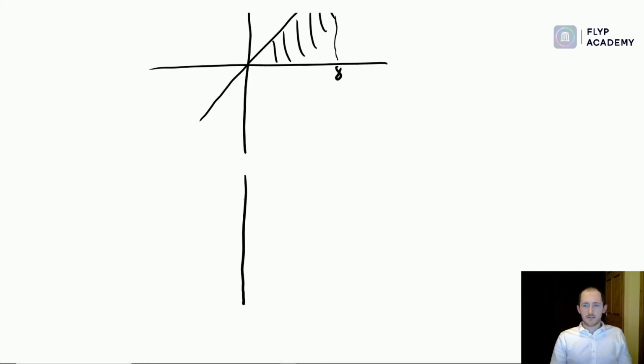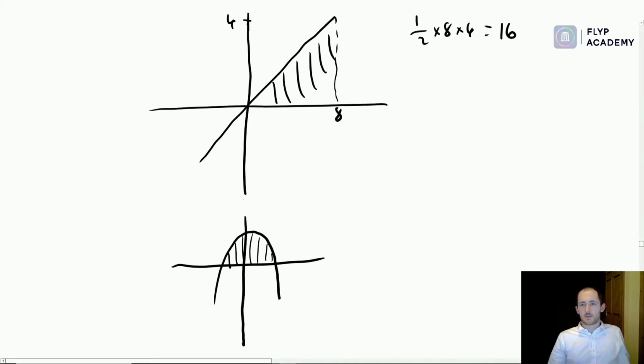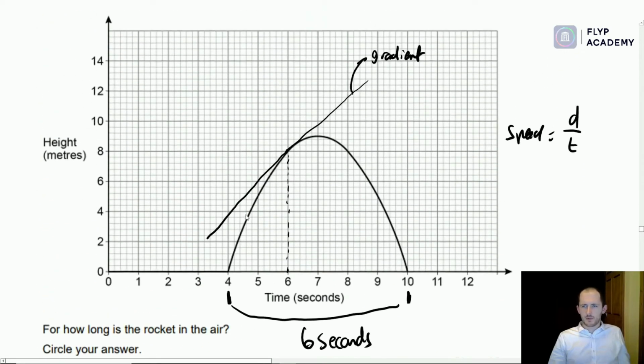But we don't deal with just straight line graphs, right? We also have quadratics, you have exponentials. So what you need to be able to do is estimate these areas. The way you do that is you normally just count the squares under it. So if we go back to this example, if I wanted to work out the area under this graph, again, it's an estimate, it's not perfect.